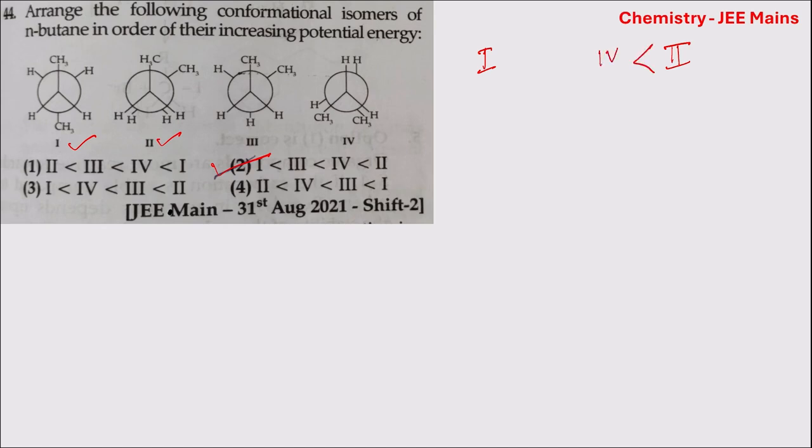And structure 3 is a staggered conformation, but even though it is staggered, the bulky methyl groups are not as far away from each other as possible. They are slightly nearer to each other in comparison to structure 1. So its potential energy is greater than structure 1 but less than structure 4. So this is the correct order of increasing potential energy. So option 2 is the correct option.